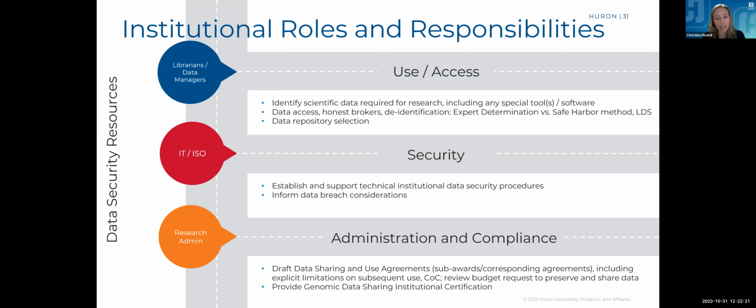They may help identify specific data needed to answer the research question, tools to extract and analyze, and suitable NIH-supported repositories. A data manager serving as an honest broker may serve to de-identify or provide a limited data set from the source. IT and information security help establish institutional policies governing data security and provide tools and support to maintain the institutional firewall, among many other important functions.